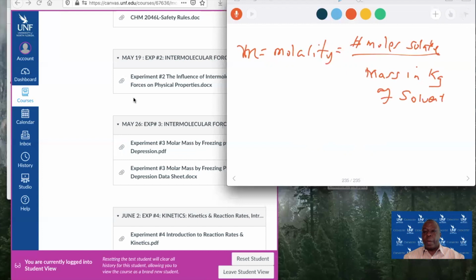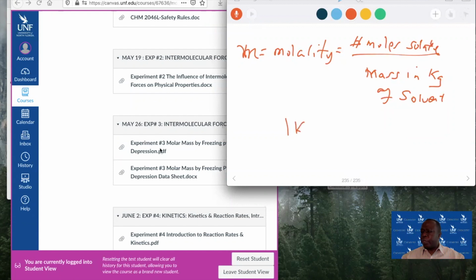At this point, you are expected to be able to use dimensional analysis and know the correct conversion factor. You need to convert the mass of the solvent from grams to kilograms.